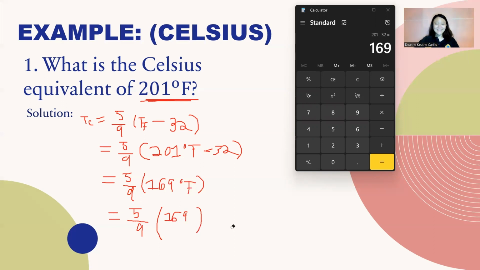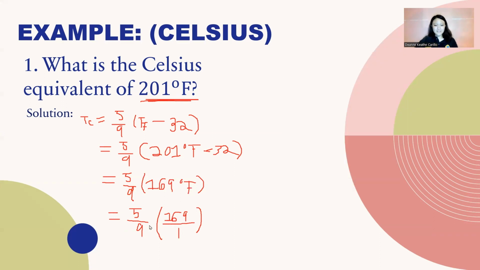What we should do next is lagyan natin ng over 1 here para multiply natin siya from numerator to numerator and denominator to denominator.